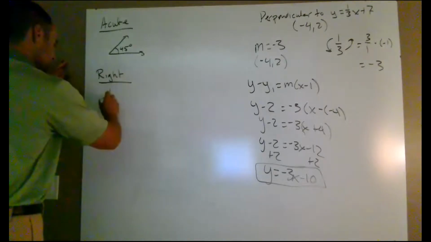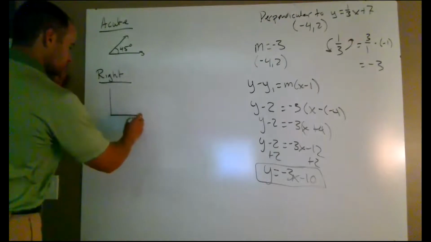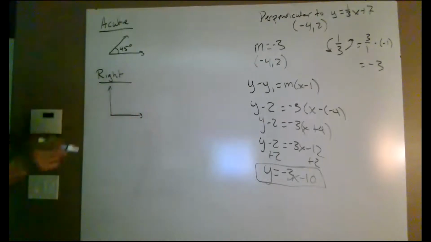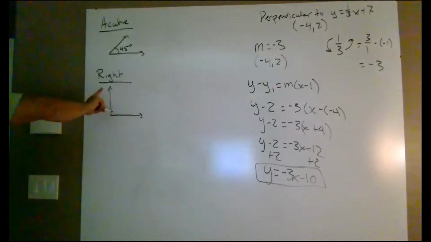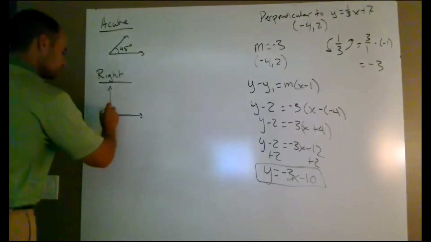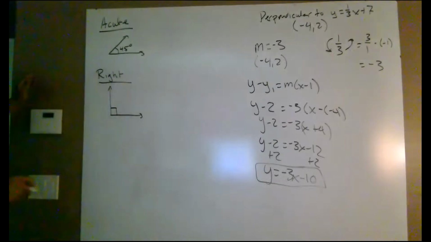A right angle is 90 degrees, which is 1/4 of a rotation. Right? If 360 is a full rotation, 90 is 1/4 of it. And when we have a right angle, we usually draw in this little box right here. This lets us know that our angle is a right angle.